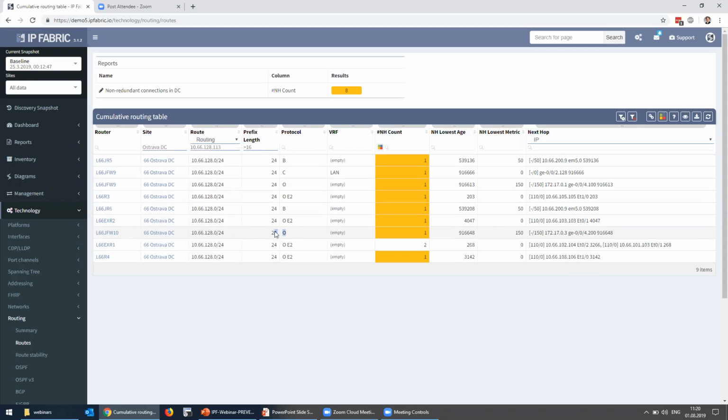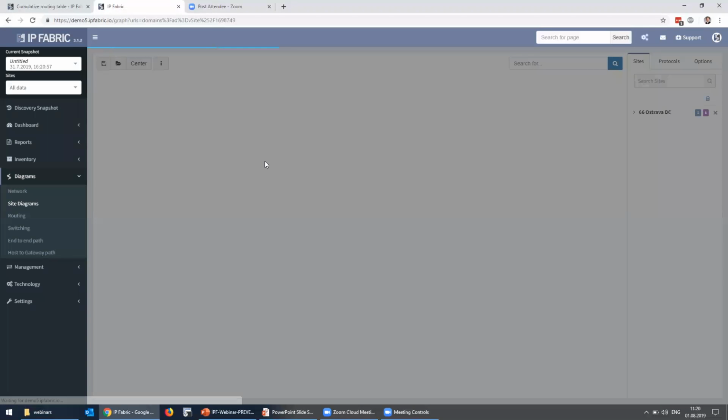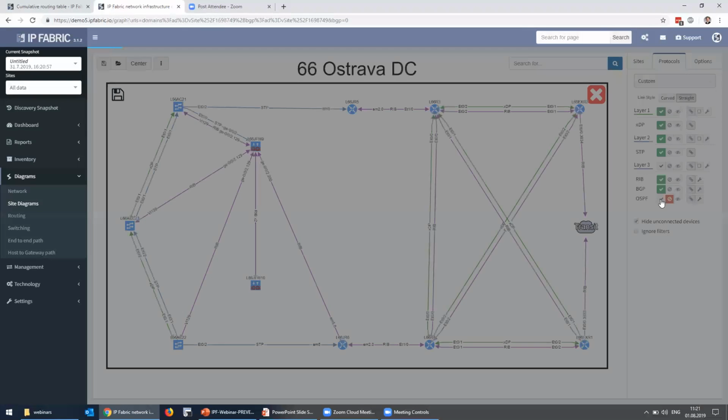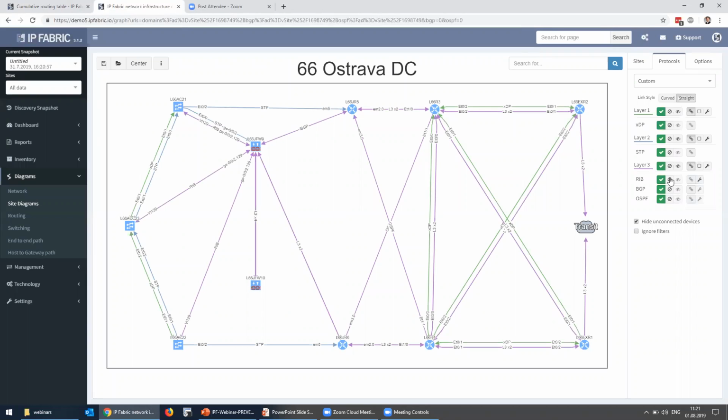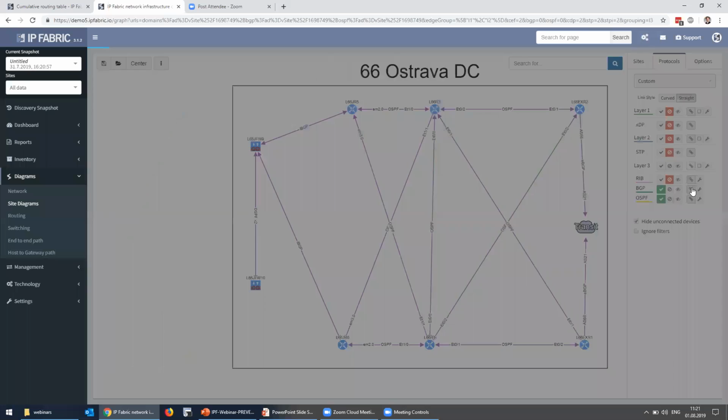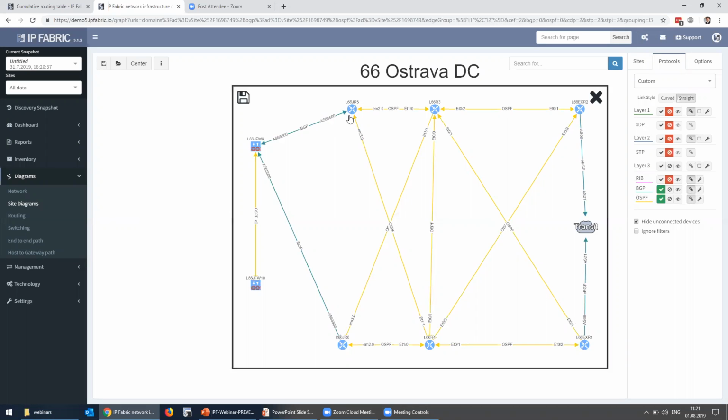So in this case, it's OSPF, and we can also look at which routing protocol is being used at the site by turning on the routing protocols, and see exactly where individual routing protocols are used. That there is a BGP session between the devices, but the primary protocol that's being used here is OSPF.